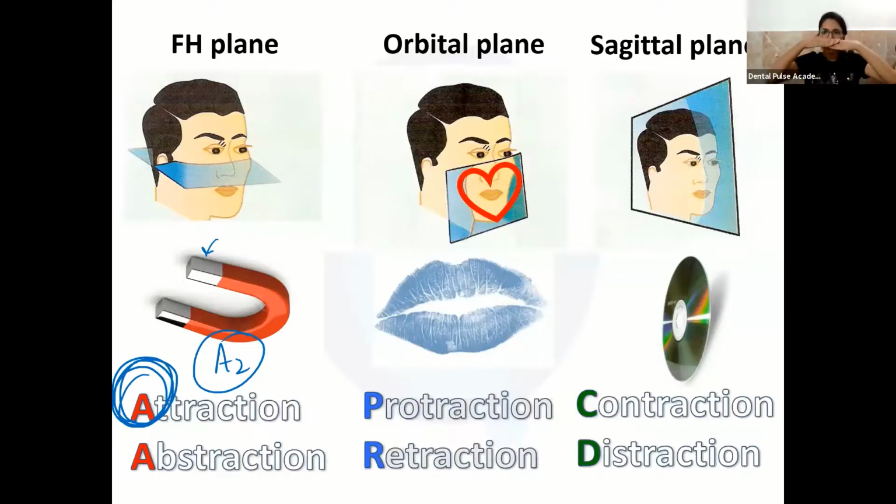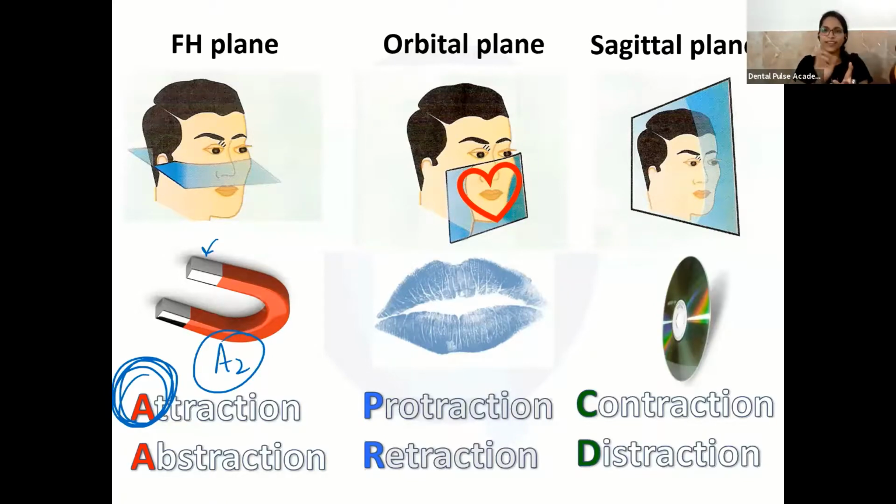So for FH plane, it is attraction and abstraction. For orbital plane, how do you remember this? So in front of the orbital plane, there are lips. Okay, so this is just a funny way to remember this. You just think of a girl or a boy, depending upon the opposite gender, coming out from the sea, and you would want to kiss the guy or the girl.